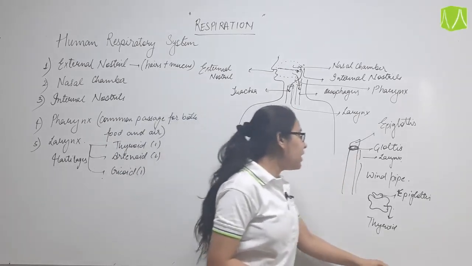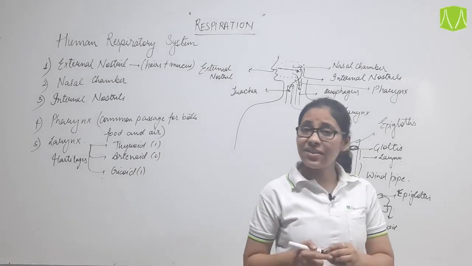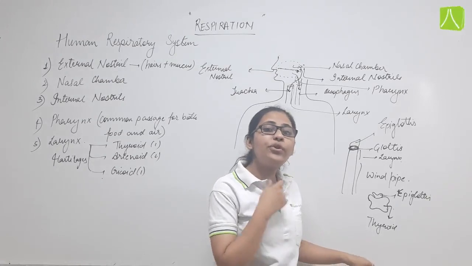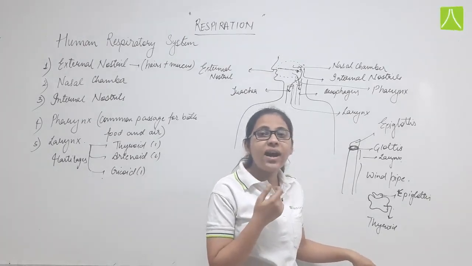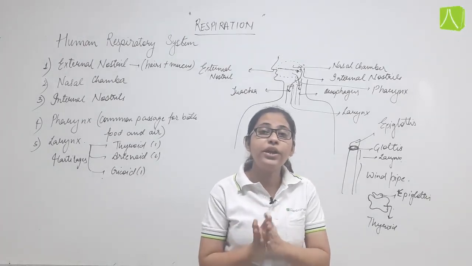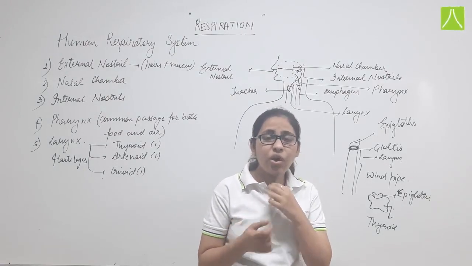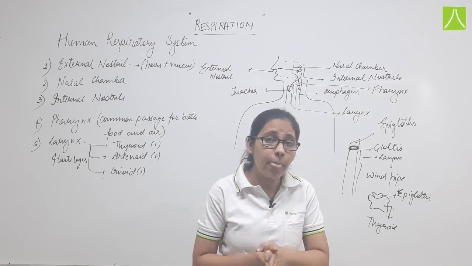I have told you that the larynx is made up of cartilages. One cartilage protrudes out in the human male, forming a pointed structure, and it enlarges during puberty.